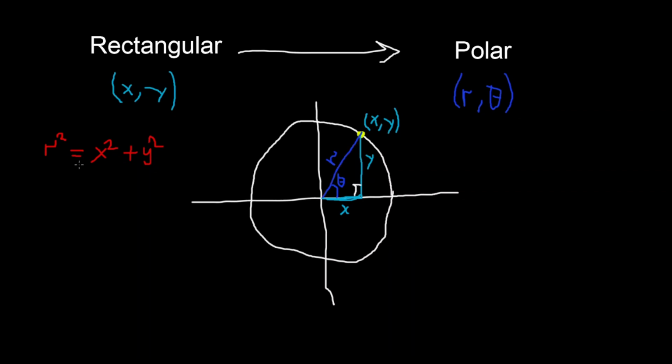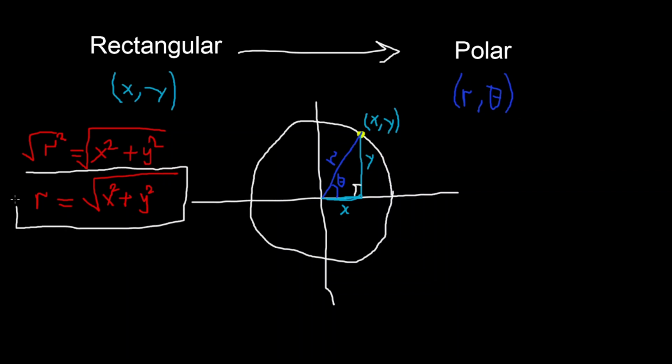So we can use the Pythagorean theorem to write this equation. Then we can square root on both sides. We get r equals square root of x squared plus y squared. So this is one equation that we can use to find the r value from rectangular coordinate.